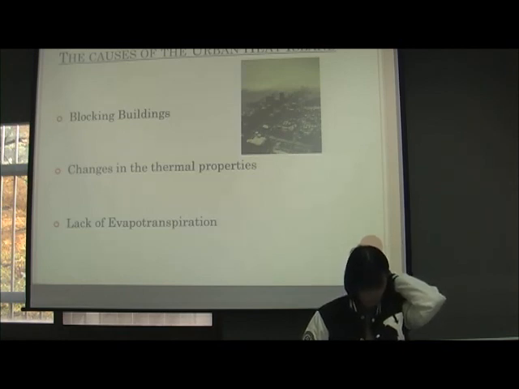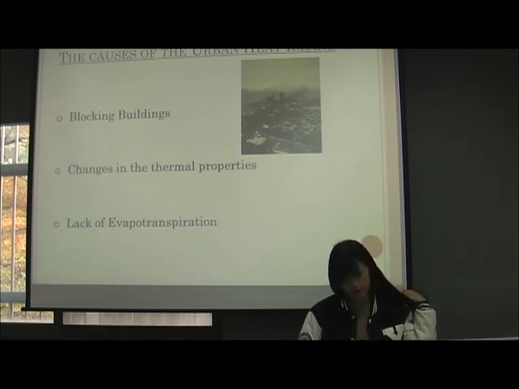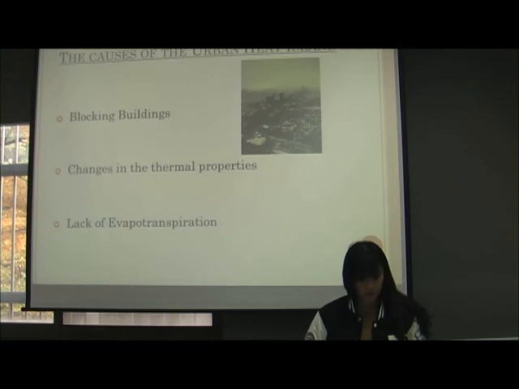And the third one is lack of evapotranspiration, and this means that urban areas have a lack of vegetation.